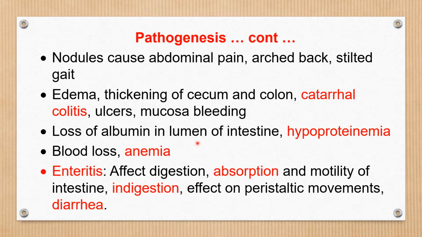There is a loss of albumin in the lumen of the intestine. It leads to hypoproteinemia, and this condition results in edema in the body. There is mucosal bleeding, so there is blood loss, there is anemia.